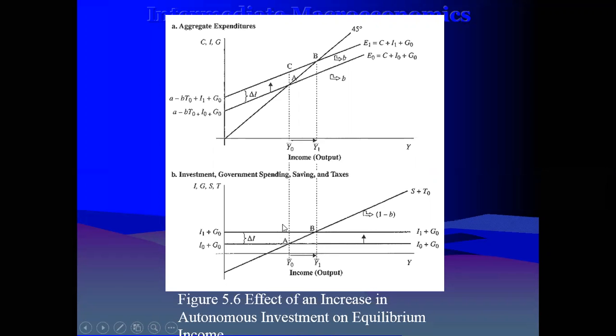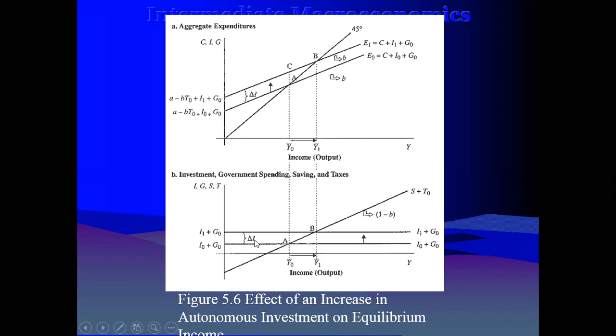The second one is when we are using the leakages and the injections. So let's assume initially the injection curve was this. The initial level of investment was I0. Now there's an exogenous increase in I that is going to take us to I1, which means there's going to be an upward shift in the curve. A was the initial level of equilibrium with Y bar 0 as the equilibrium income.